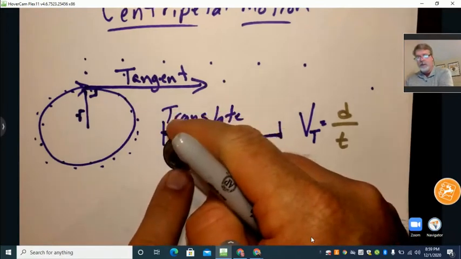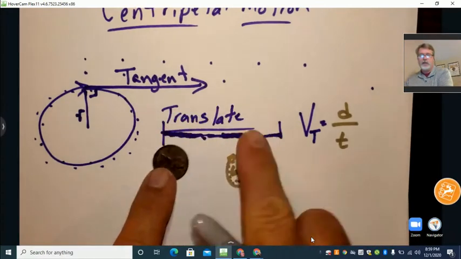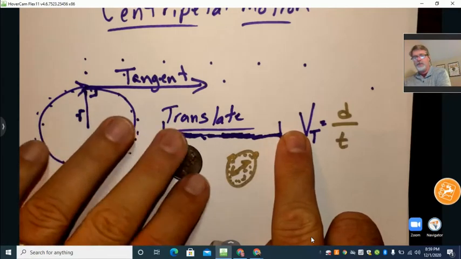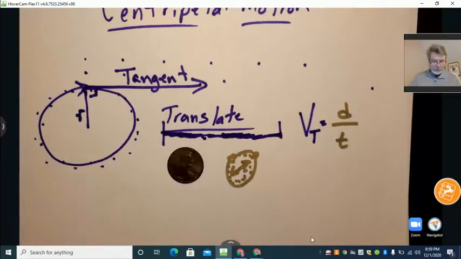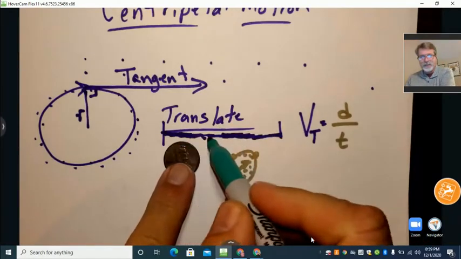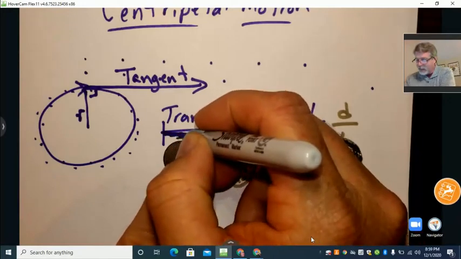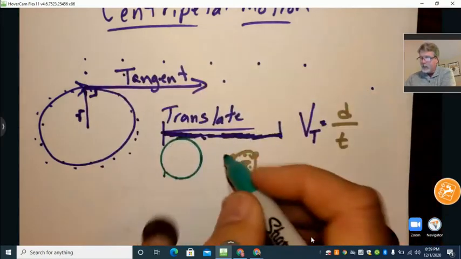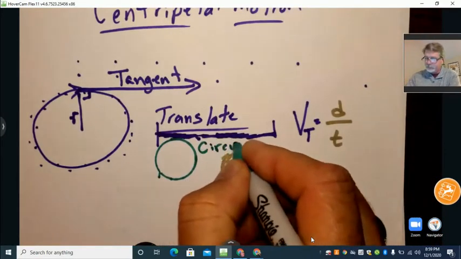Well, if we have this object translating, we could literally get out a ruler and measure that distance, but there's another way. I hope you see that the distance the object translated, this purple line, is actually the same as this right here. What is this line I'm drawing? That's right, the circumference.